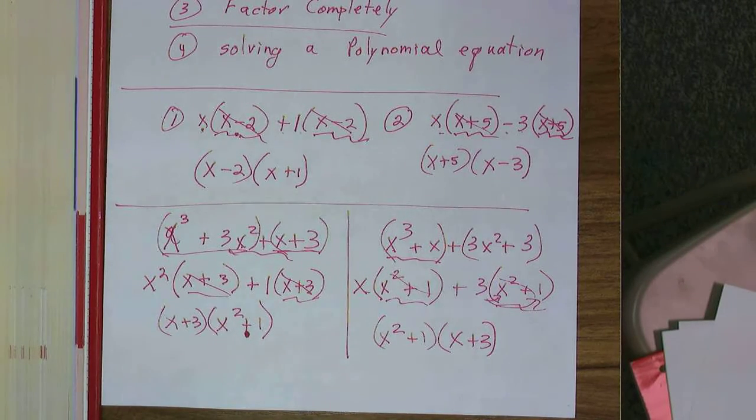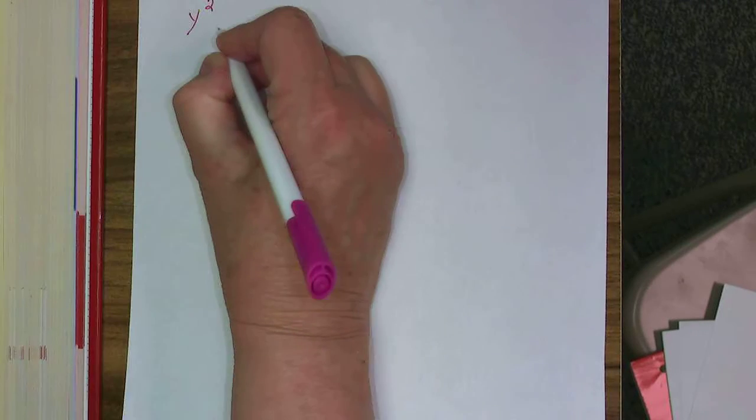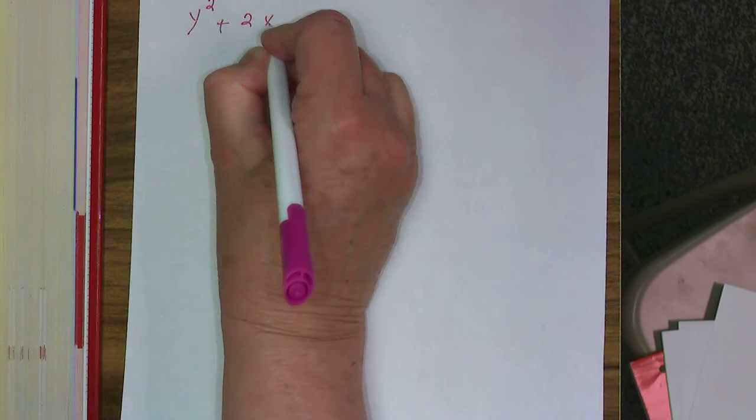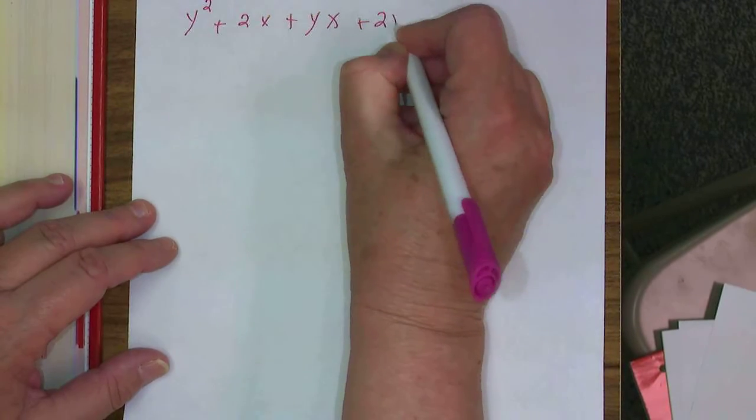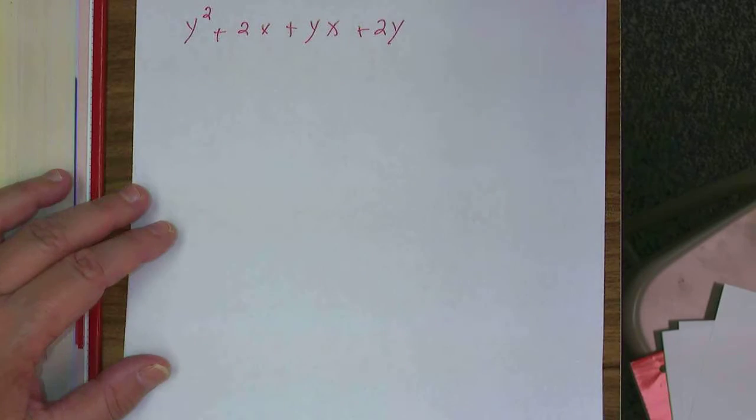Let's find another example with the grouping. Let's take y squared plus 2x plus yx plus 2y.